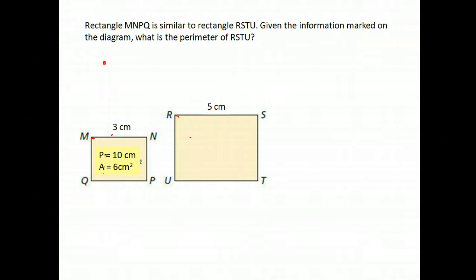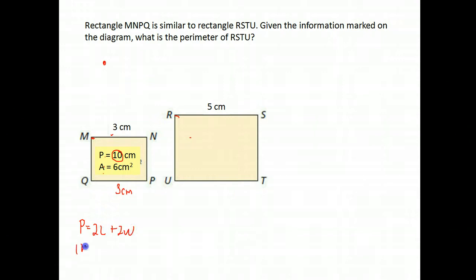If this side is 3, that means this side is 3 too, since these are rectangles. The other thing it tells us is that we have a perimeter of 10. The perimeter is equal to twice the length plus twice the width.